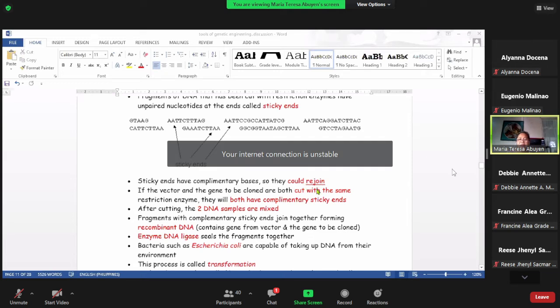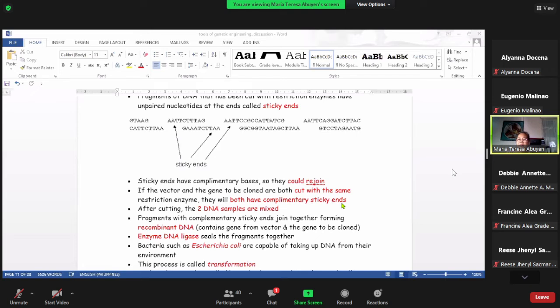Sticky ends have complementary bases so they could join. For example, this one is cut, and this one is also cut.